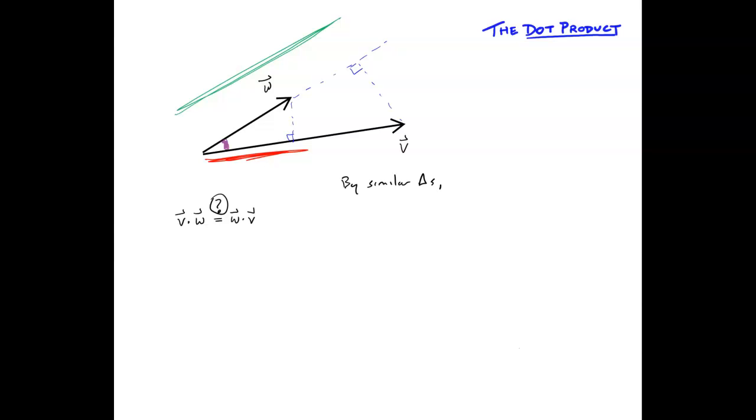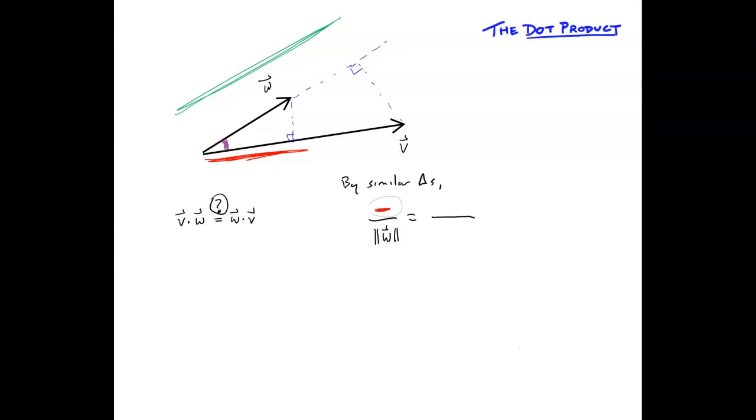Let's look at the ratio of the leg adjacent to the purple angle to the hypotenuse. On the small triangle, that ratio is going to be the leg adjacent to the purple angle is red, and the hypotenuse is just the length of w. Now, by similar triangles, I know that the ratio on the large triangle is going to be the exact same. Well, on the large triangle, what is that ratio?